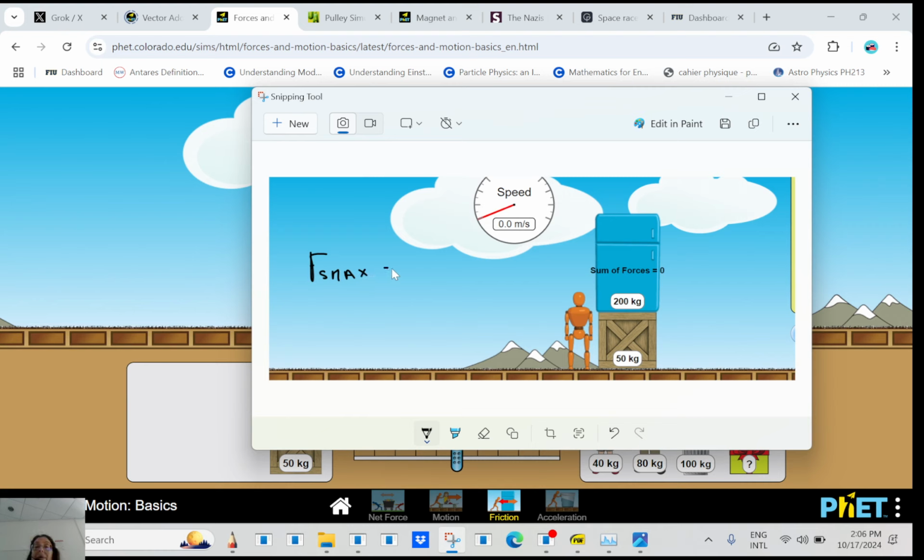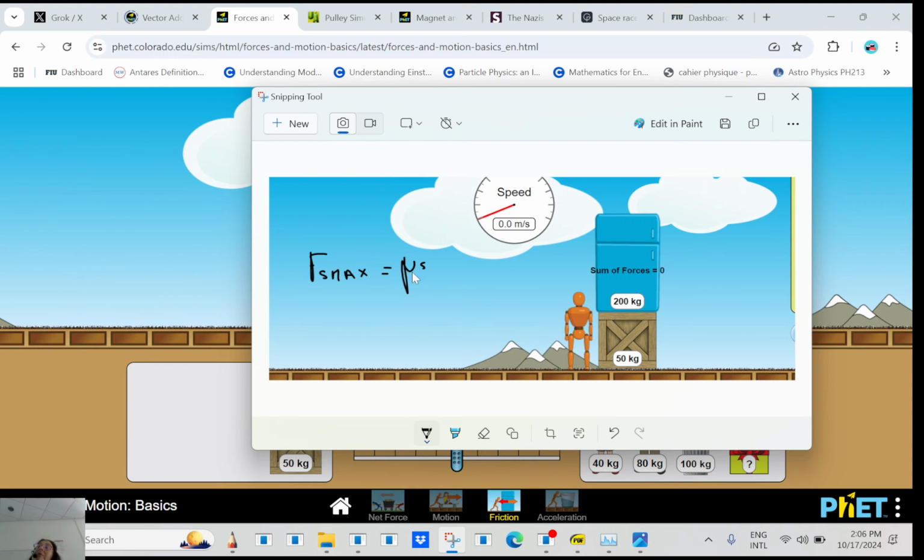The maximum will be equal to a coefficient. That coefficient has to be smaller than 1 and it has no unit and it depends on materials here. So is it, for example, wood on grass? Is it wood on asphalt, for example? All that will be defined, depends on that coefficient, right?